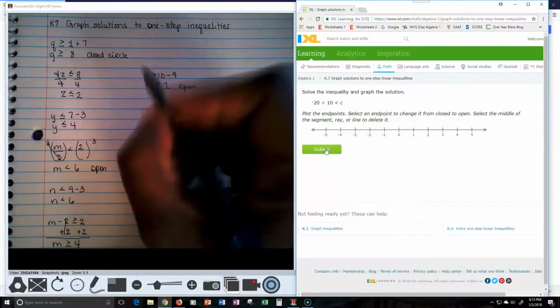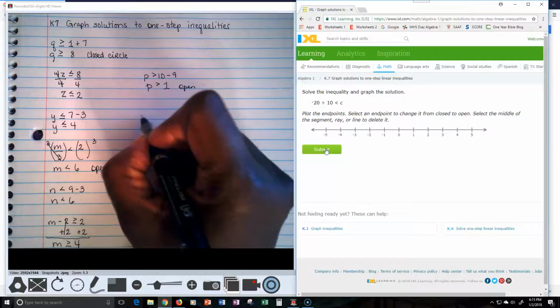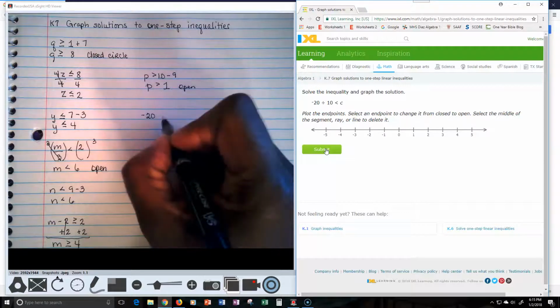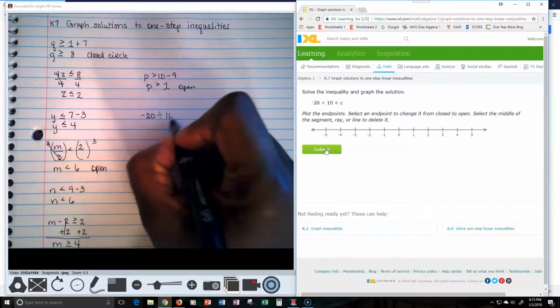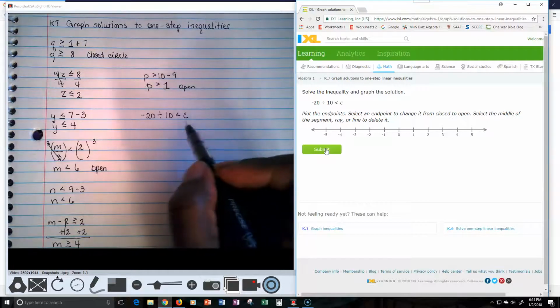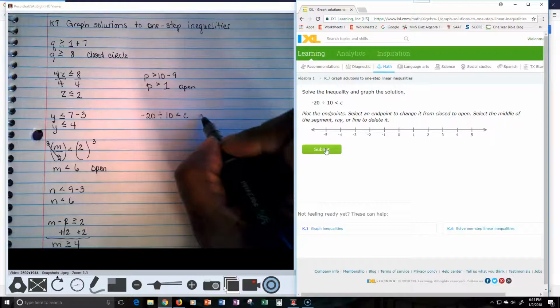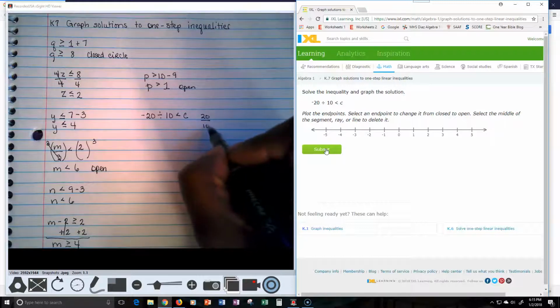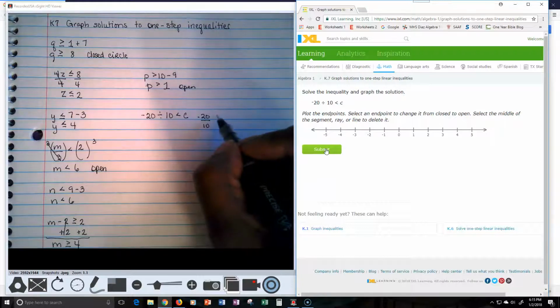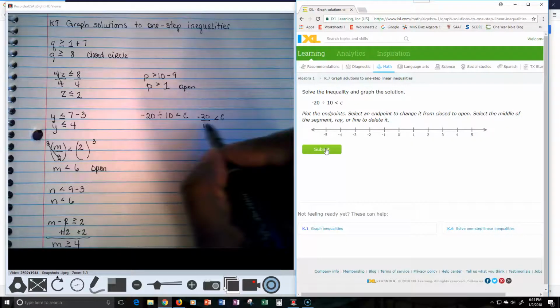All right, let's take a look at this one. We have negative 20 divided by 10 is less than c. Well, what does that look like? You might think of it this way: negative 20 divided by 10 is less than c. So just divide those.